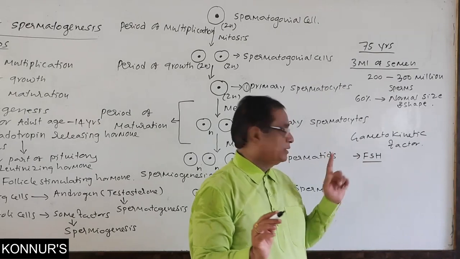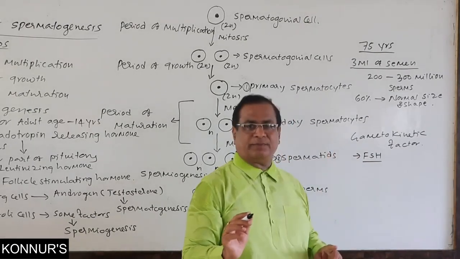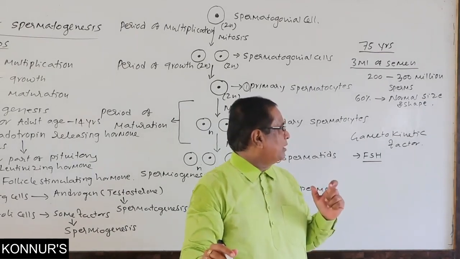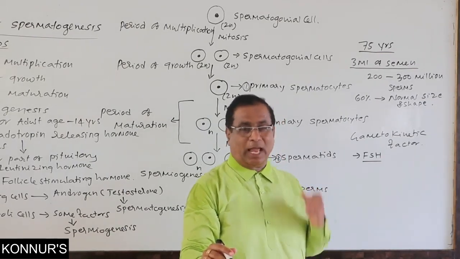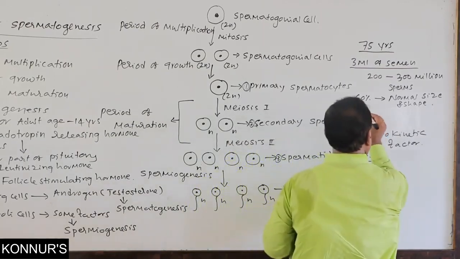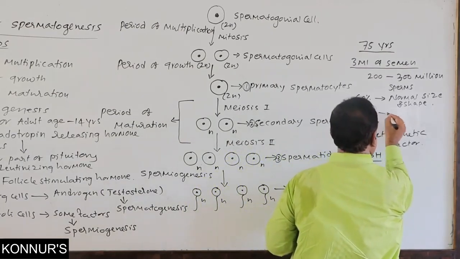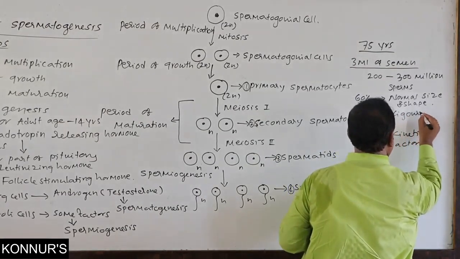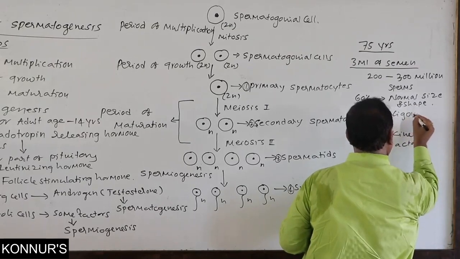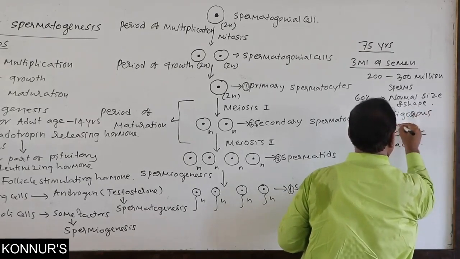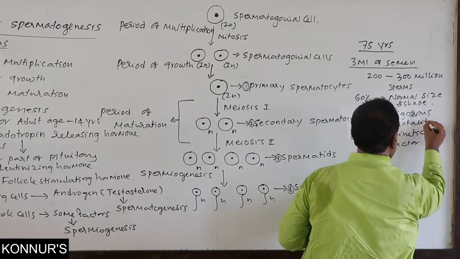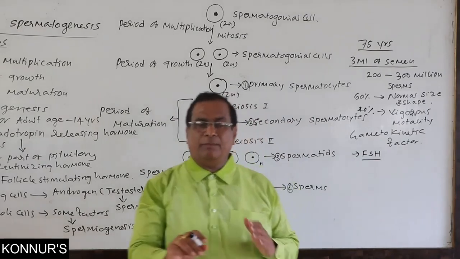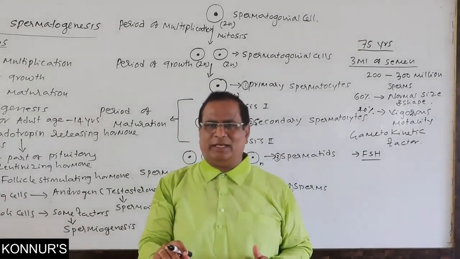Among 200 to 300 million sperms, 60% will have normal size and shape, and 40% are having vigorous motility. They are moving very fast, 40% of them, because their movement is very much necessary.